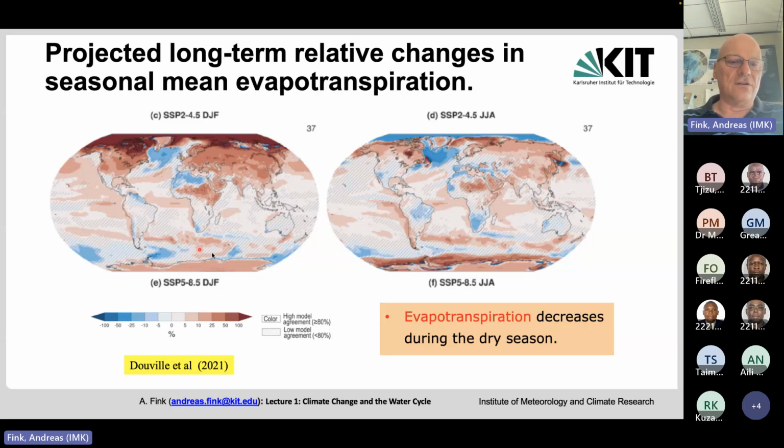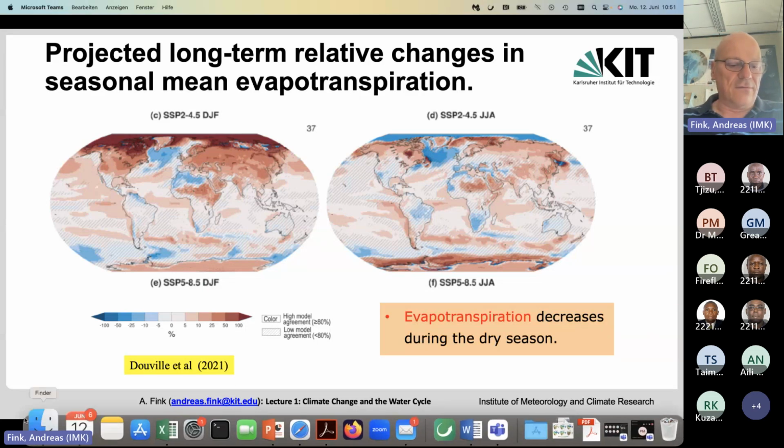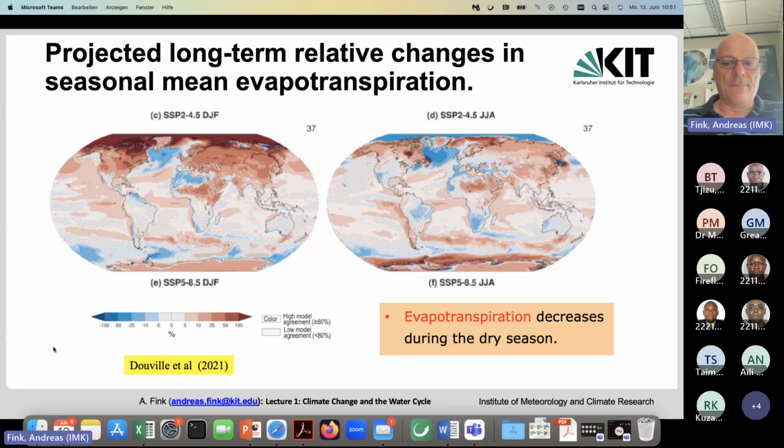But when it goes to the rainy season in most regions, the exception being the southwestern corner, we don't have a large model confidence in evapotranspiration either. And that is, of course, related to problems in the certainty with which we can suggest changes in rainfall.